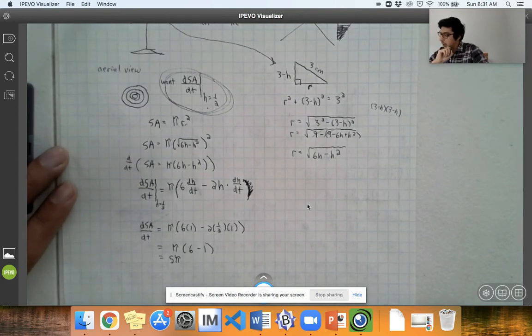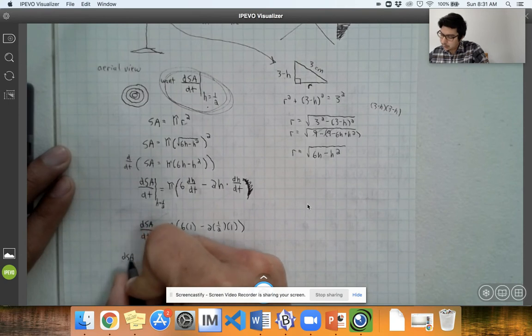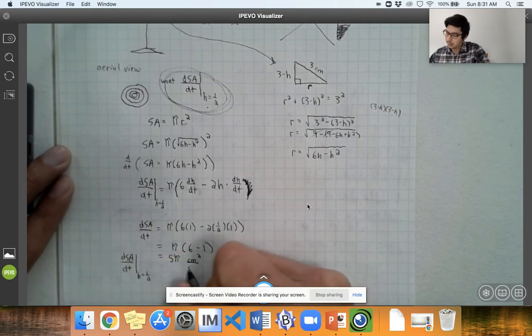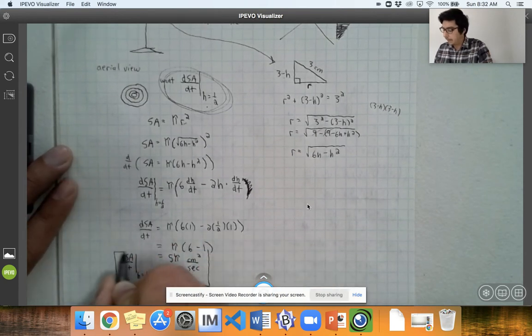Make sure I didn't make a mistake anywhere. Yep, good. And there's your answer to this problem. So the surface area, when the height is at 1/2 centimeter, is changing by 5 pi centimeters squared per second. And there it is.